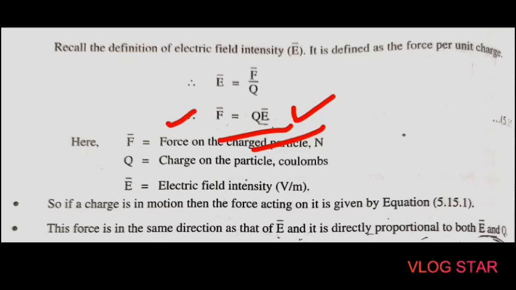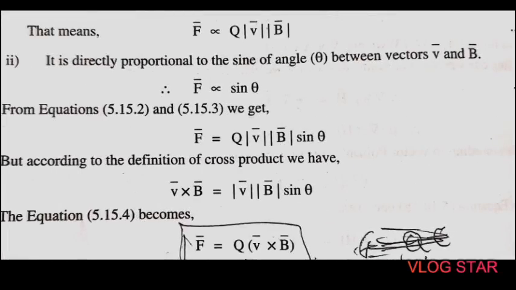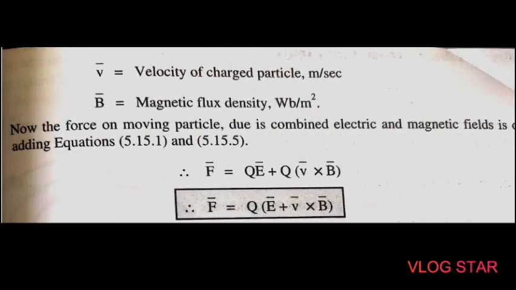The first is F bar is equal to Q into E bar, and the second is F bar is equal to Q into V bar cross B bar. After adding these two forces, that is electric force and magnetic field force, we get the equation F bar is equal to Q E bar plus Q in bracket V bar cross B bar.